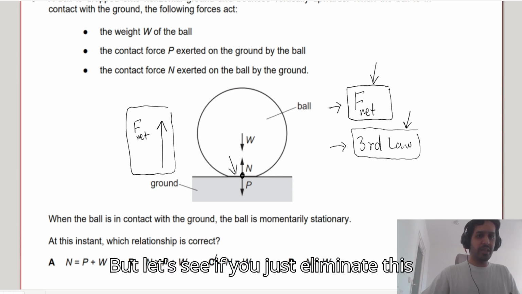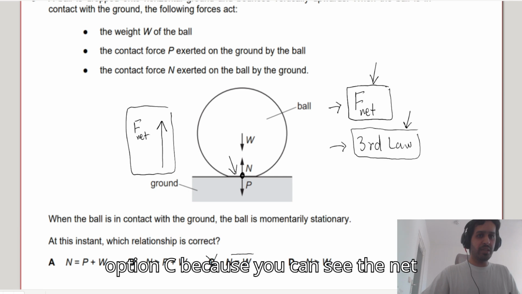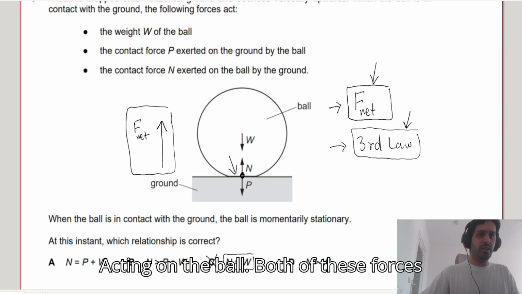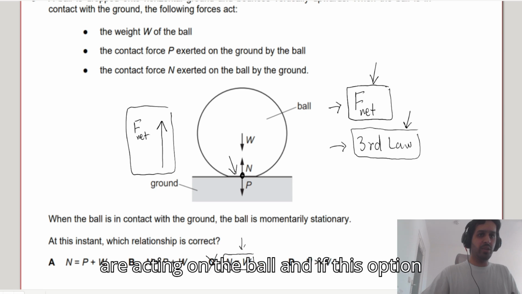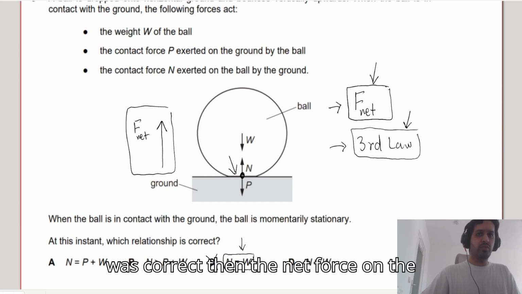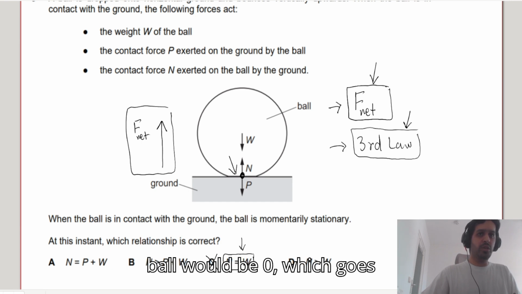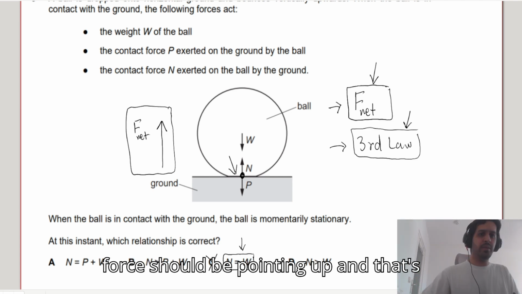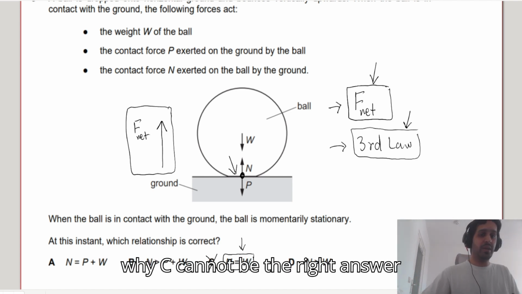But if you eliminate option C, because the net force is equal to the weight acting on the ball, both of these forces acting on the ball, then the net force on the ball would be 0, which goes against our understanding. The ball has to bounce up. The net force should be pointing up, and that's why C cannot be the right answer.